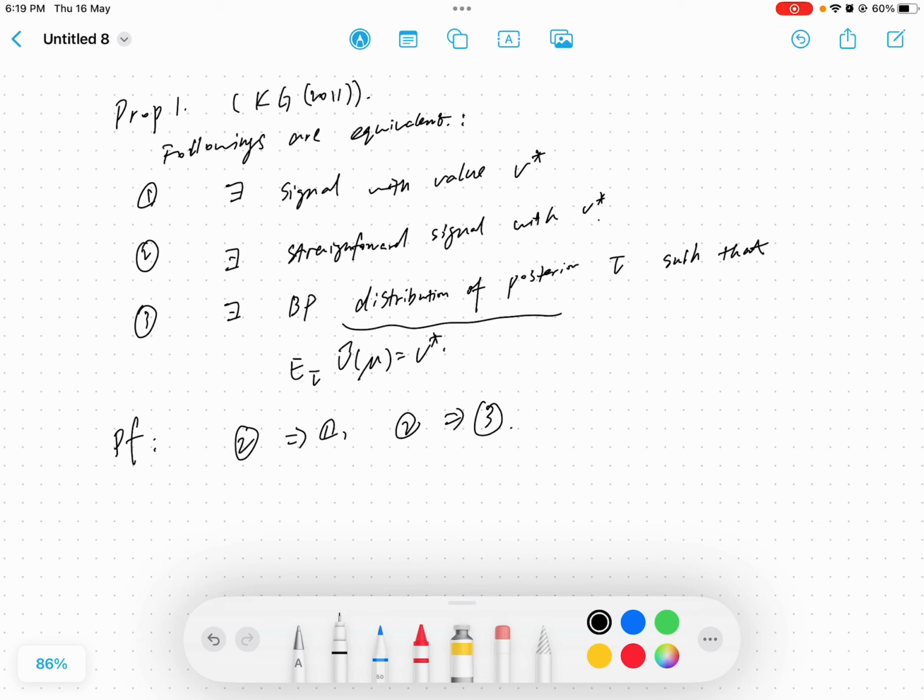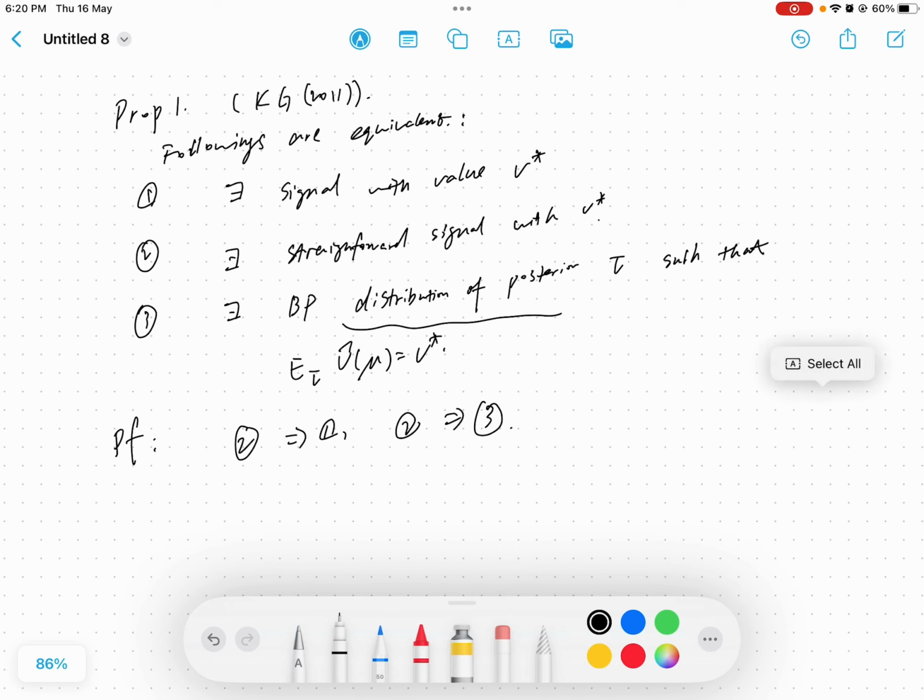So this tau leads to the expectation of the sender's utility, which has a value of V star, right? So those are simply the definitions.